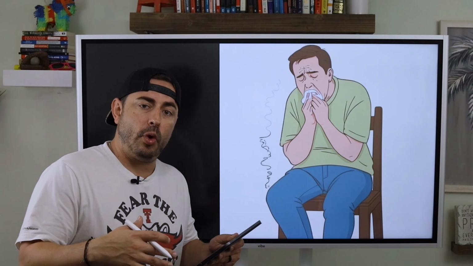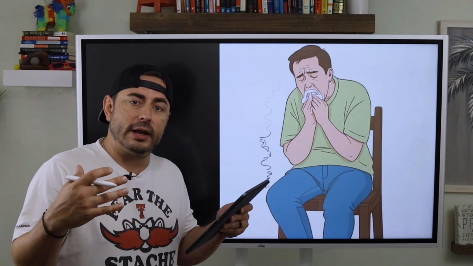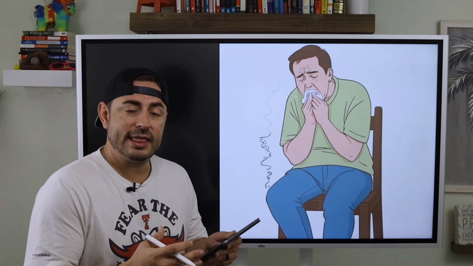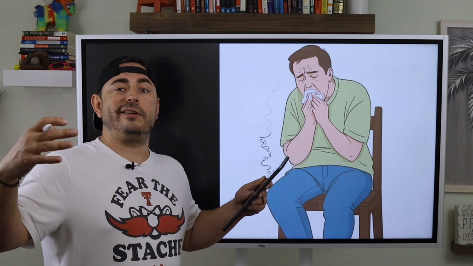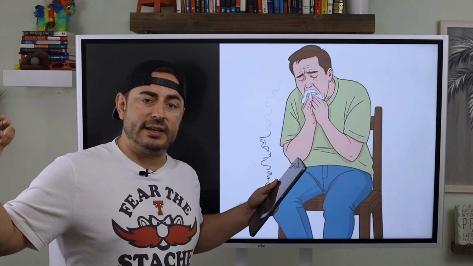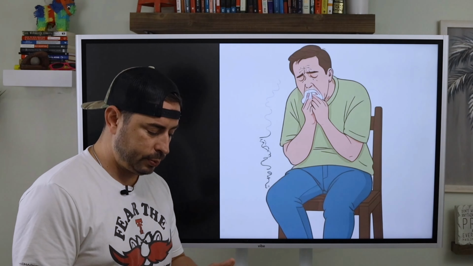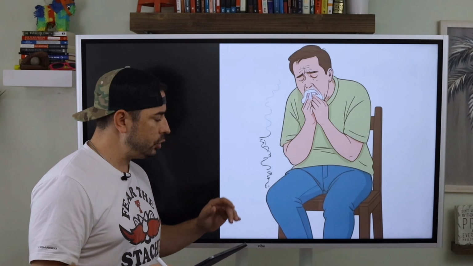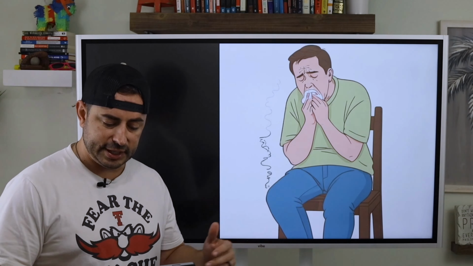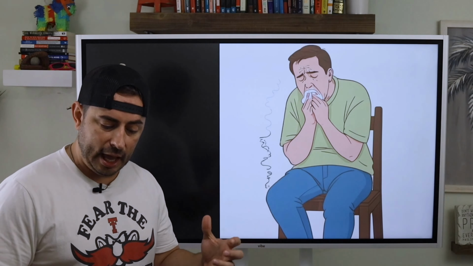At rest, it'll be quite small, and then in this moment it'll increase, and then you have this big explosion and change in those pressures that lead to that cough or sneeze or even a yelling.